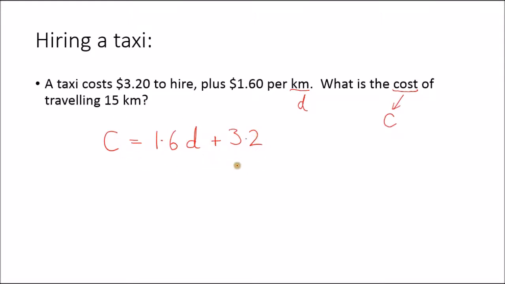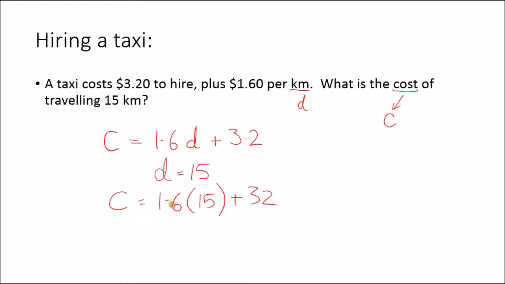Now this is a very common form of linear equations that you'll see a lot as you go through maths. Now in this particular example, we're told a distance, so we're told that D equals 15. So the skill that we need to use here is our substitution, so I'm going to replace D with 15, so it's 1.6 times 15 plus 3.2. Now in this case, I'm not solving an equation so much anymore because the C is already the subject of the equation.